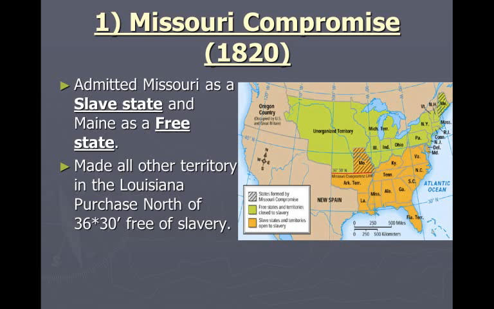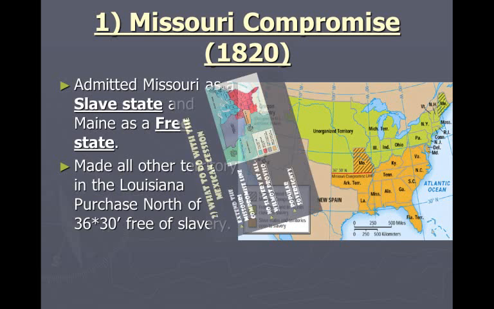So this means that in the future there'd be much more free state territory than slave state territory admitted from this Louisiana Purchase. And that made the northern states happy with the compromise. They were willing to allow Missouri to be a slave state because of that, and it kept the balance. And they thought that this compromise had solved the slavery question forever.